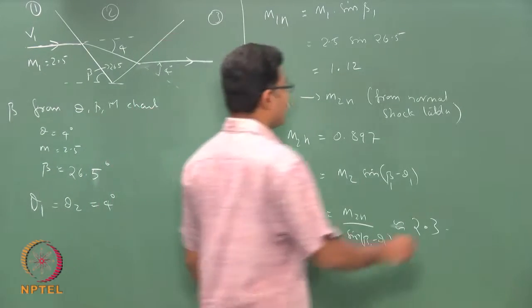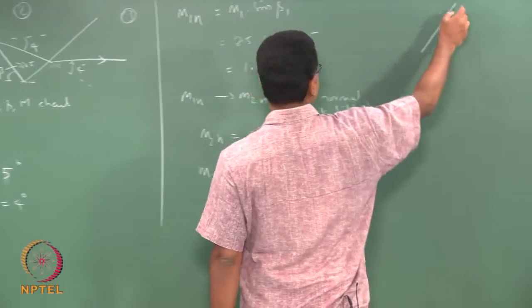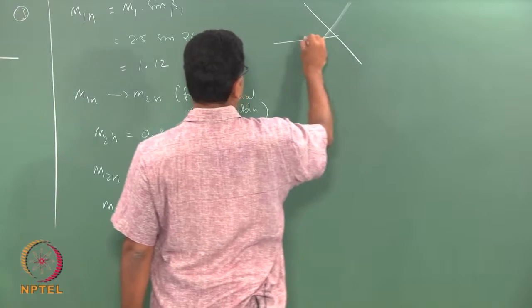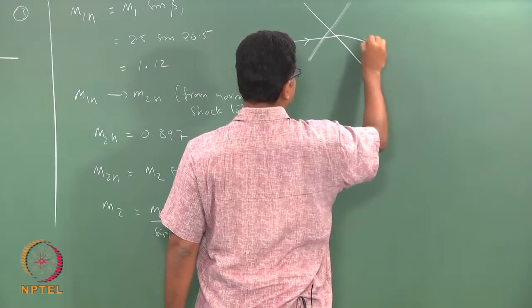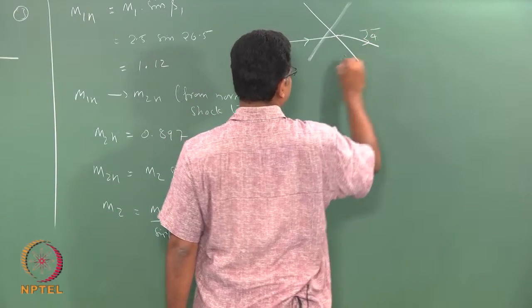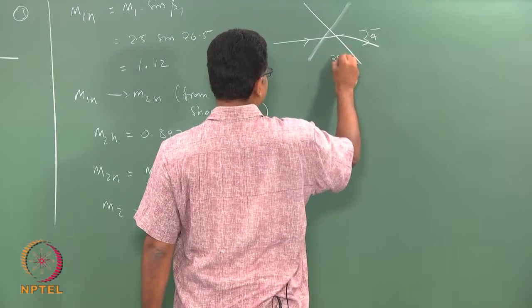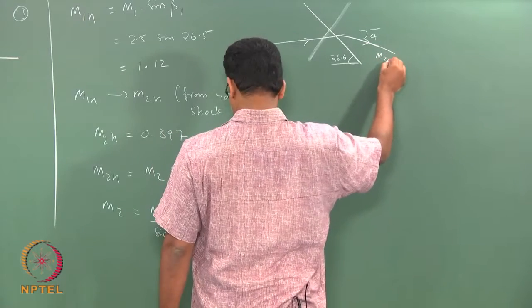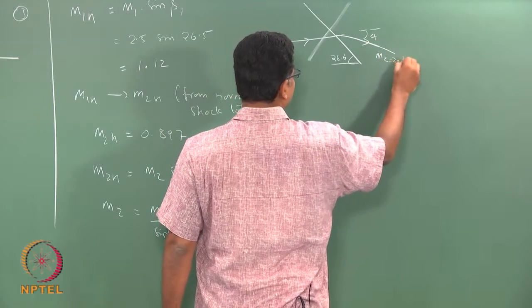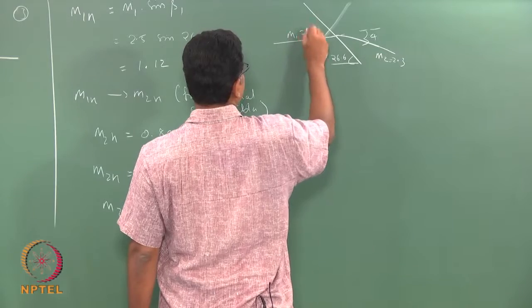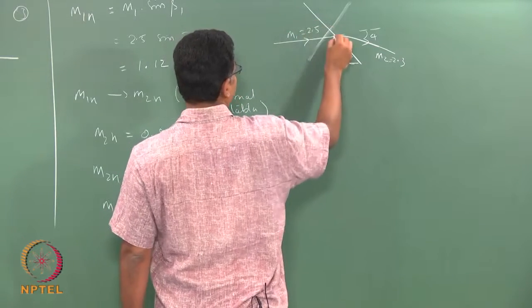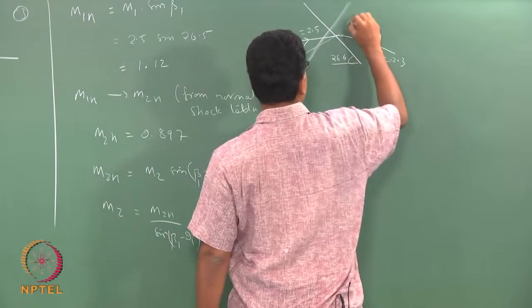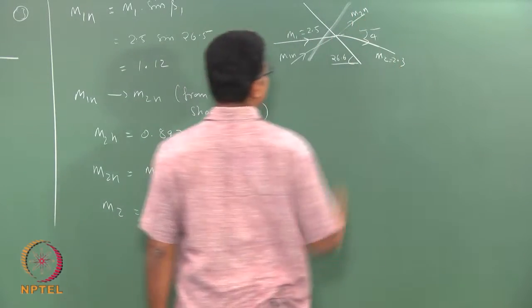So, what did I get now? I have a shock, then it turns, this angle is 4, this angle is 26.5, M2 is 2.3, M1 is 2.5, and the M1n, and I got M2n.